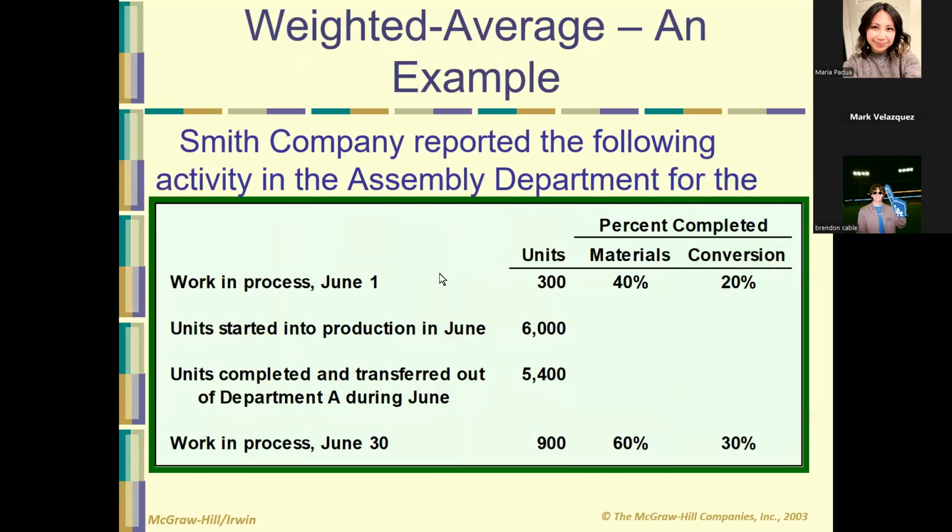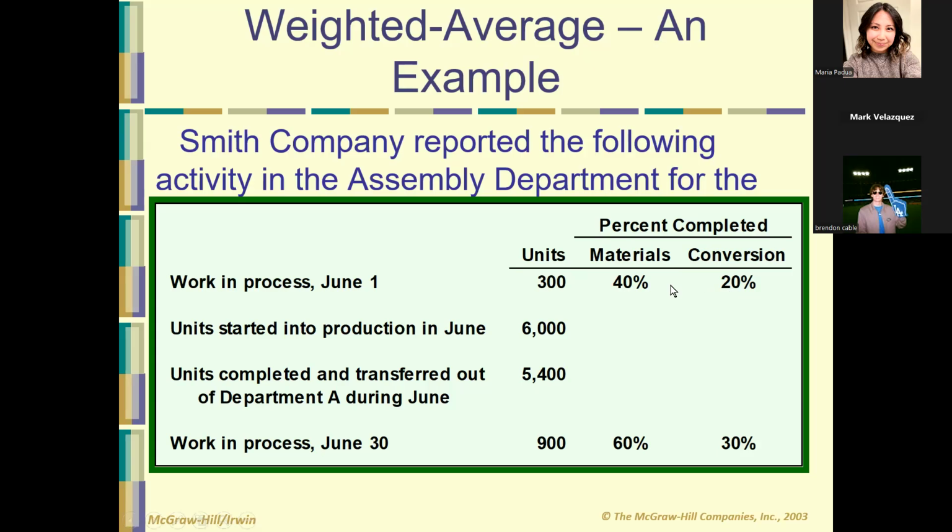Now, this grid here is a good start. Here is what we are talking about. We have an assembly department. At the beginning of the month, there were 300 units there. They were only completed 40% for materials and 20% for conversion.